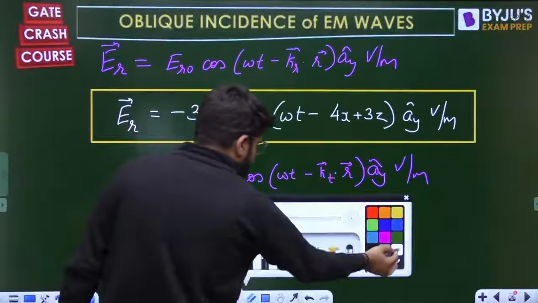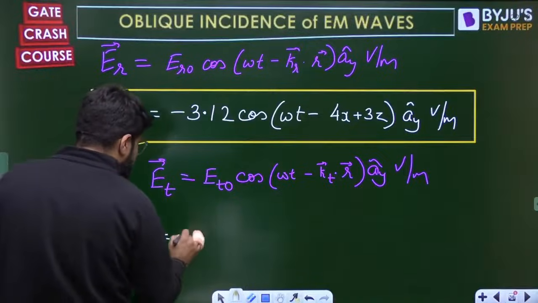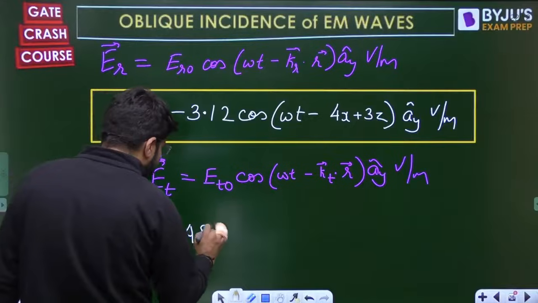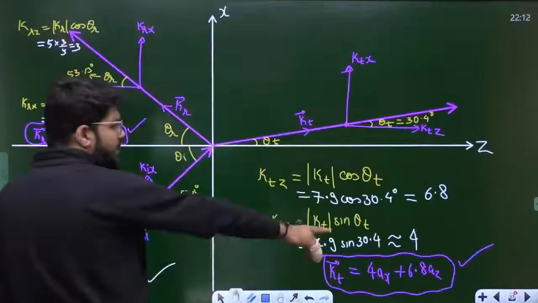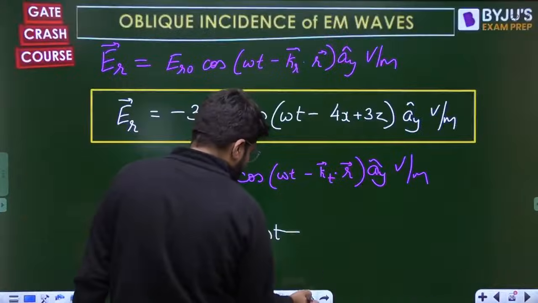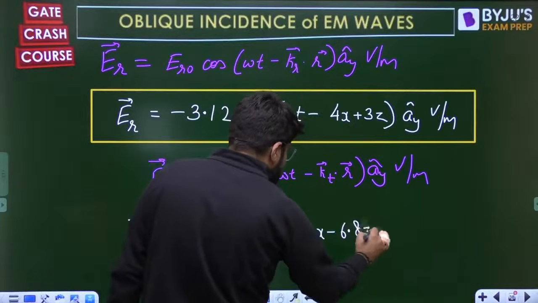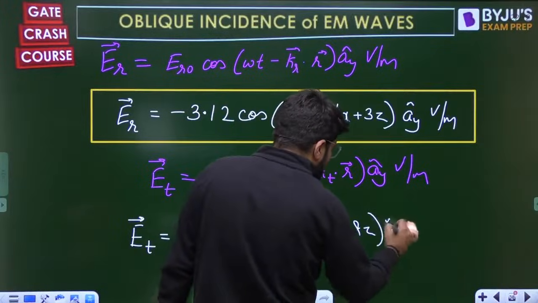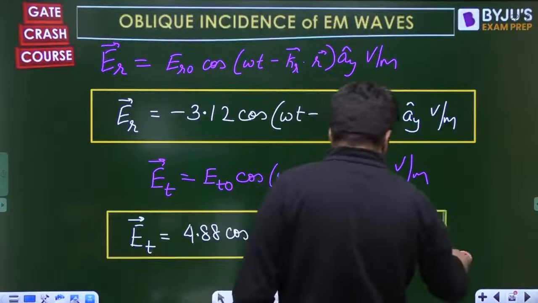We'll just put down the answer for ET: ET naught 4.88 cos of omega t minus KT, so 4x and 6.8z minus 4x minus 6.8z AY volts per meter, and this is the final answer for ET.